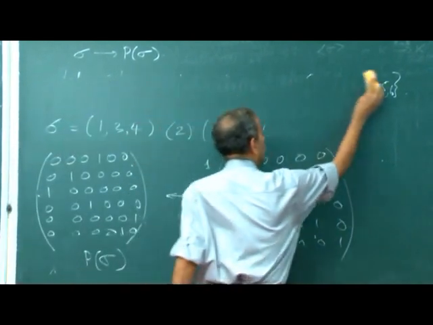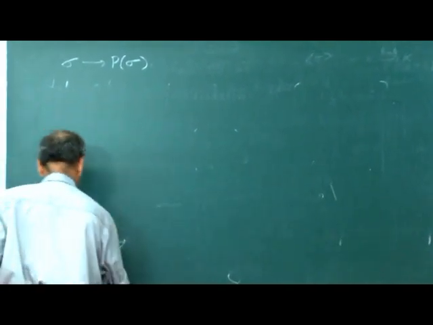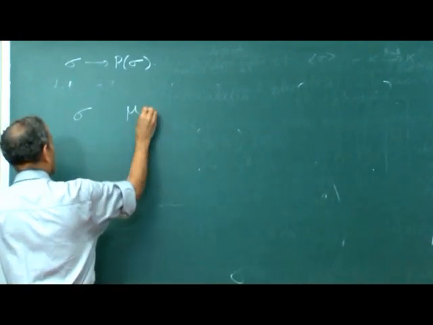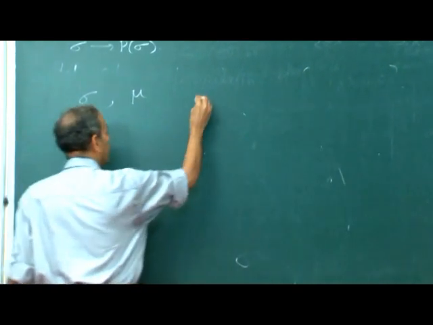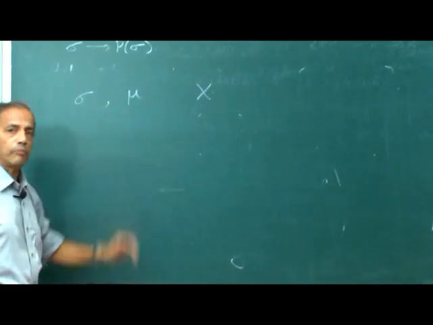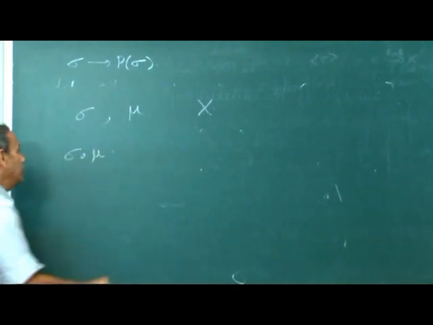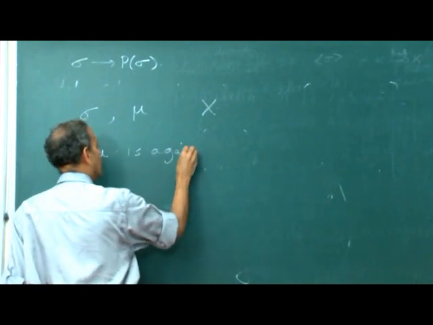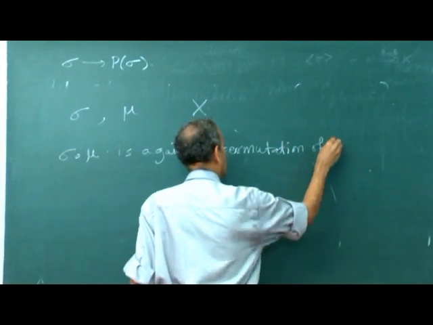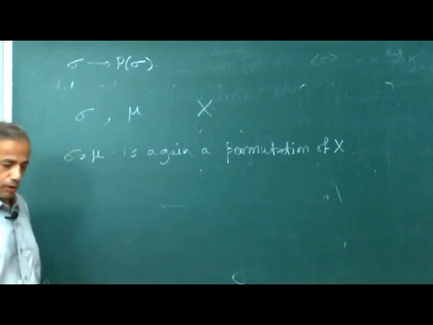Now, what is the use of this permutation matrix? If you consider two permutations sigma and mu of a set X, then I can compose them. The composition is again a permutation, because you can very easily check it is onto as well as injective.